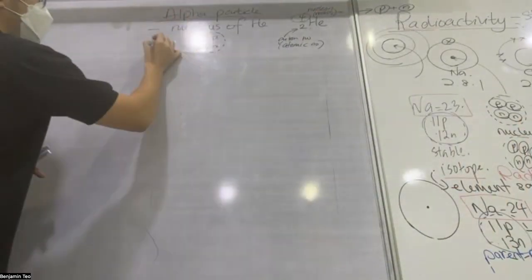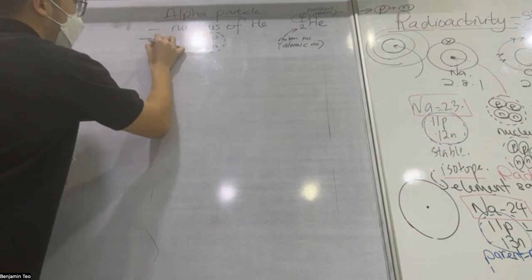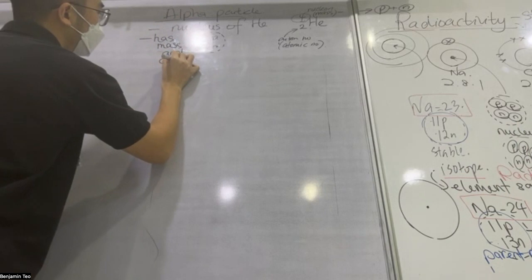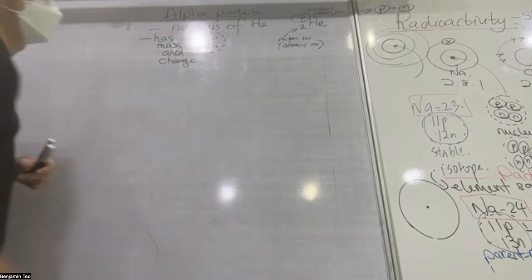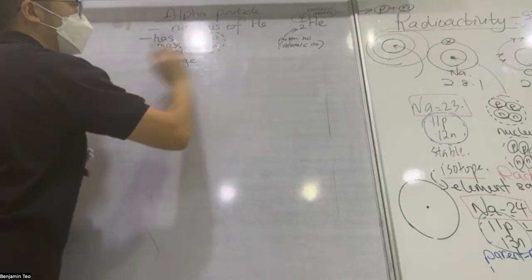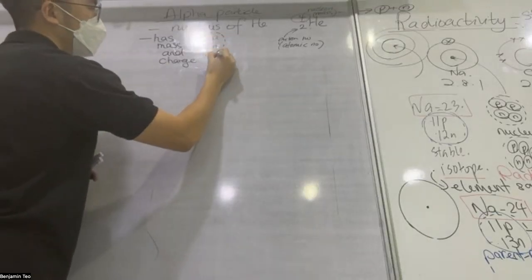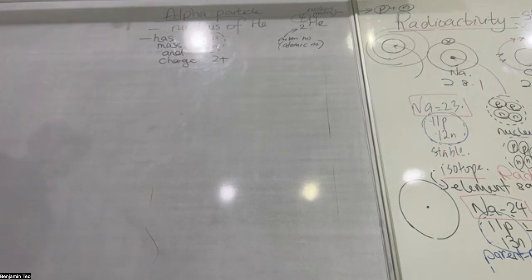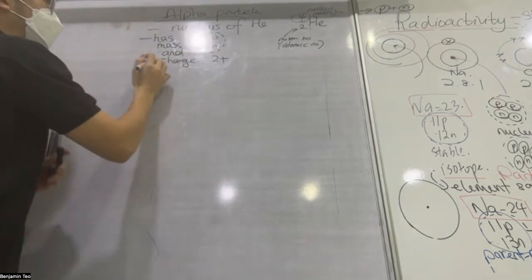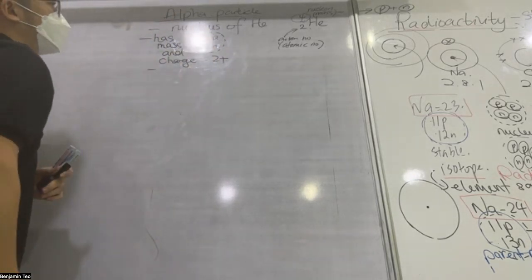Okay, so that is the alpha particle. So 我们刚才讲的 alpha particle 有 mass 对吗？Has mass and charge also，它的 charge 是什么？neutron 是0 charge，proton 是2 plus，所以它的 charge 是 positive 2，算是很大的 charge for nucleus 来讲。Okay, what else?